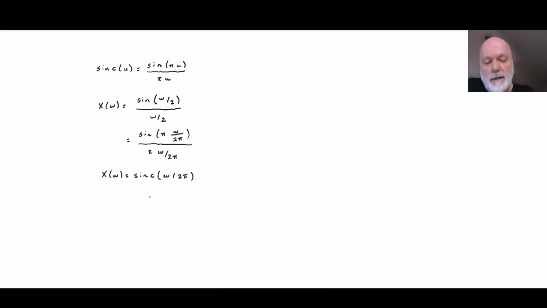Now, if we plot X of omega as a function of omega, we have the so-called main lobe of the sinc function.